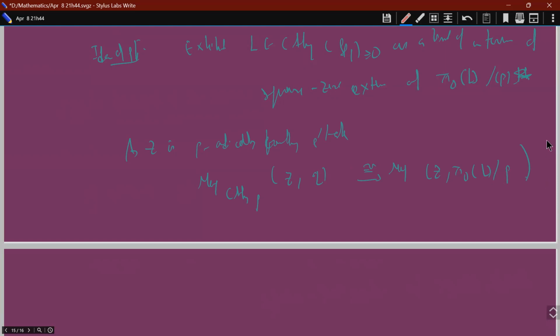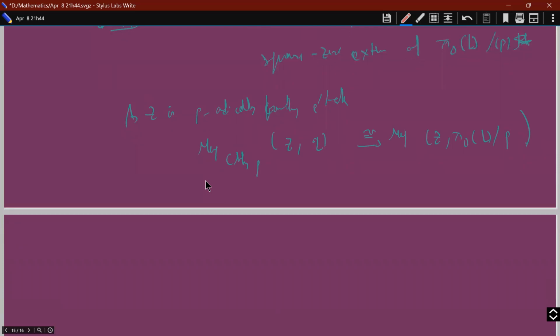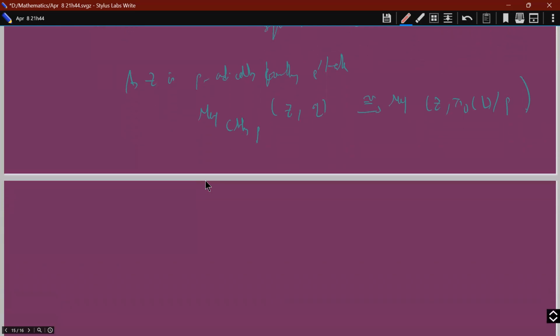So now moving on to constructing multiplicative lifts. So let's begin with the construction of multiplicative spherical Witt vectors. So Z is a perfect algebra.